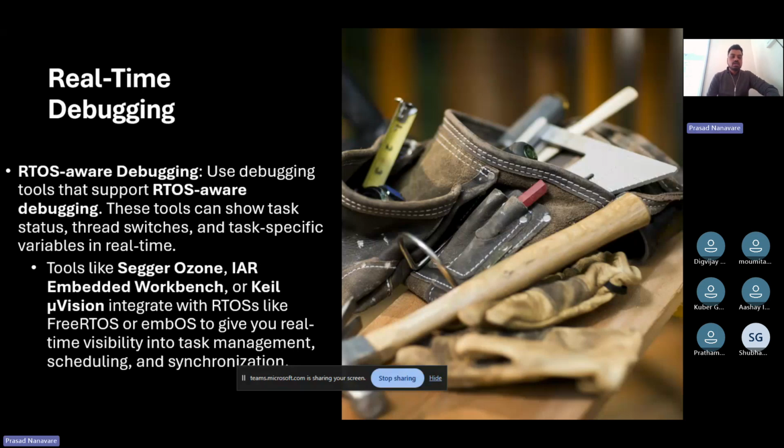Then real-time debugging. So RTOS definitely has certain things that offer real-time debugging, because most of the real-time applications are based on RTOS. Initially, if you go through history, it was a really basic thing.